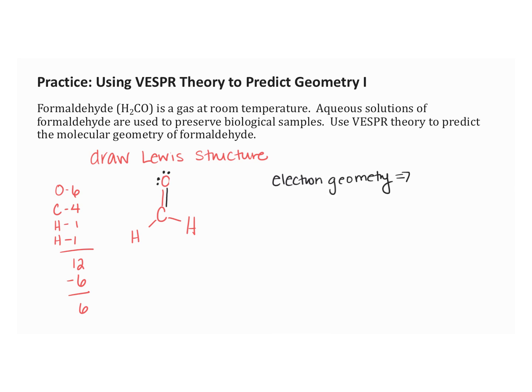And if it has 3 groups that are attached, whether they're lone pairs or bonds, that's going to end up being trigonal planar. And because that's a central atom and there are no lone pairs on that central atom, and it has 3 other bonded atoms around it, that molecular geometry is also going to be trigonal planar.